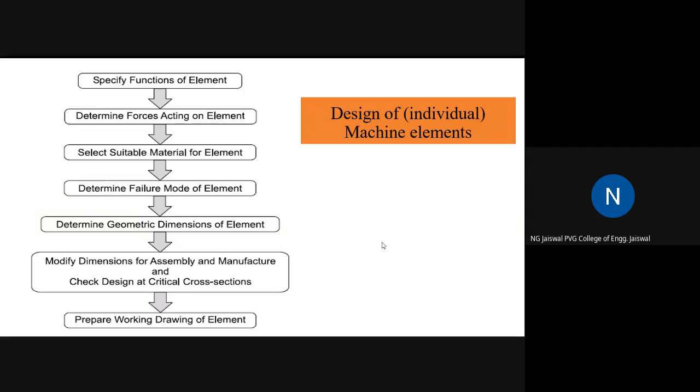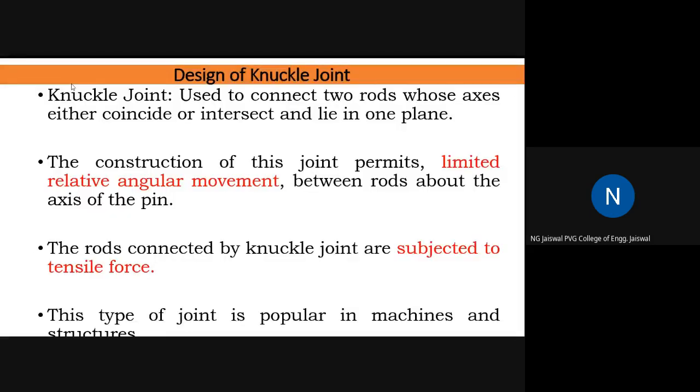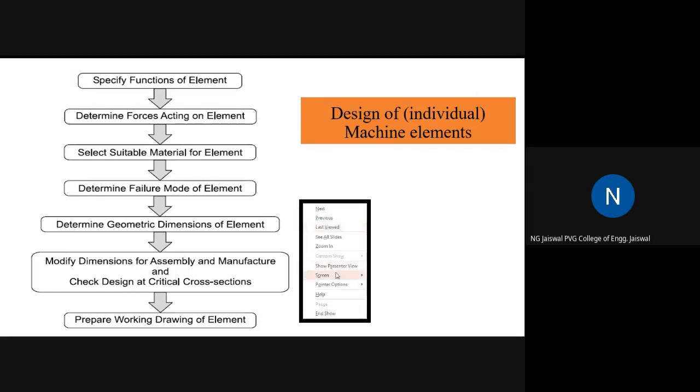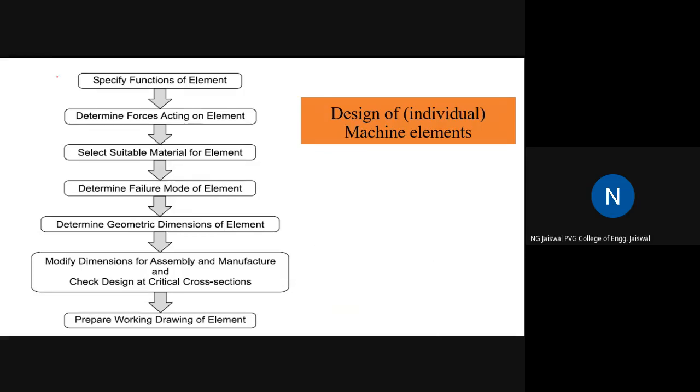So if you understand what we are trying to do in all such design problems, every time you will have some application. You will find out what the function is and how it is operated. Unless you know the operation, you cannot find out how it is going to behave, how it is going to have the motion.